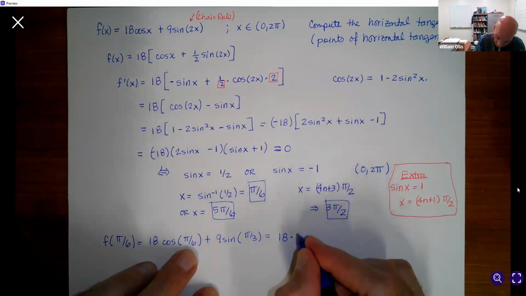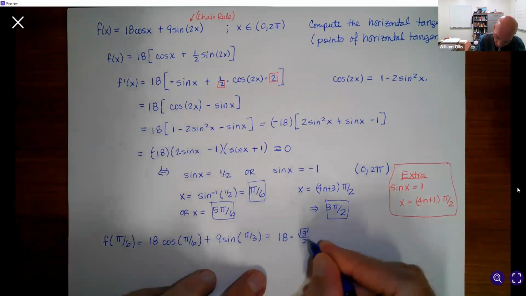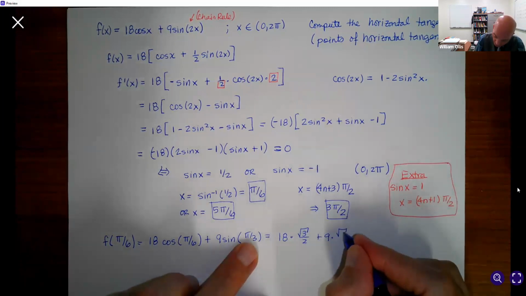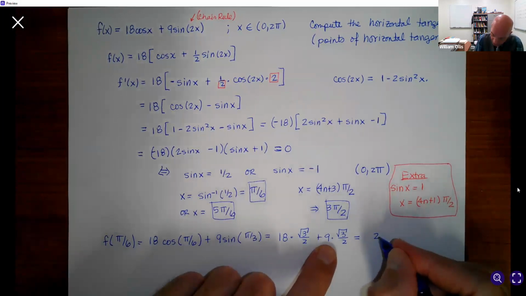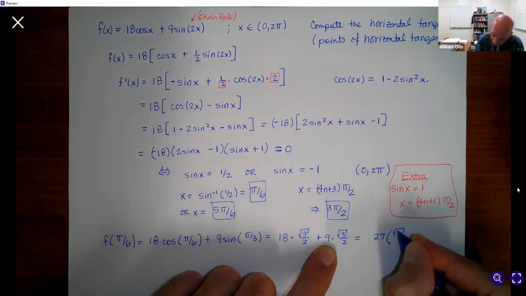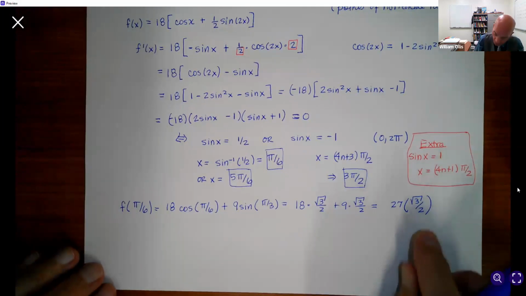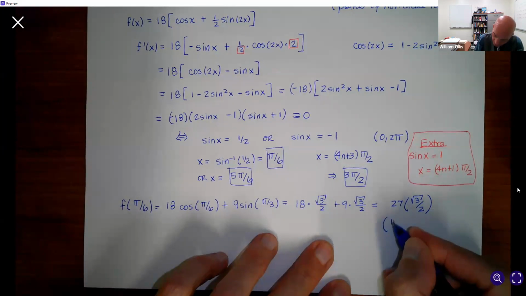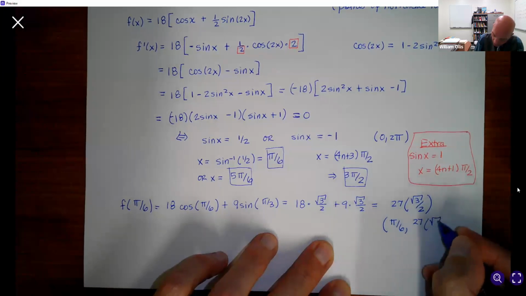Root 3 over 2, cosine of pi over 6, again, unit circle, plus 9. And, of course, sine of pi over 3 is root 3 over 2. So we don't want to absorb anything, so that'll just give us 27 times root 3 over 2. Now, so again, a point of horizontal tangency would be pi over 6, comma, 27 root 3 over 2.